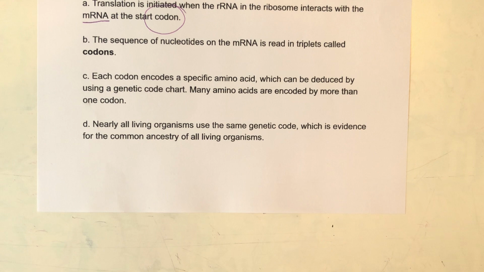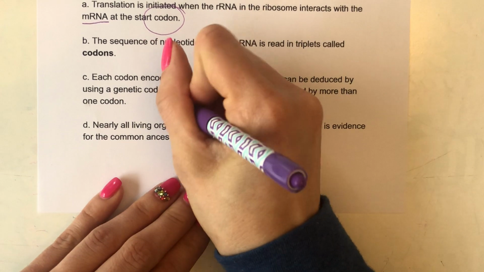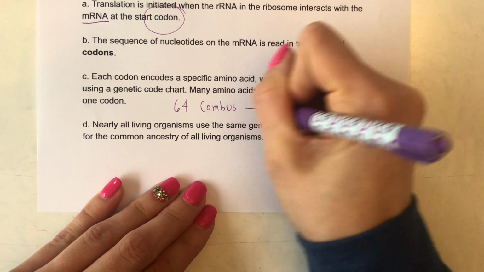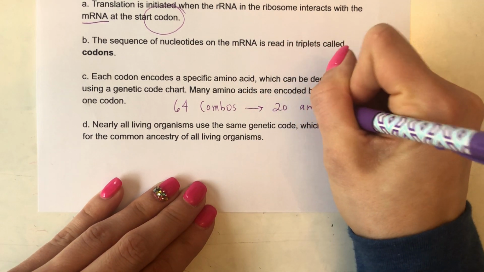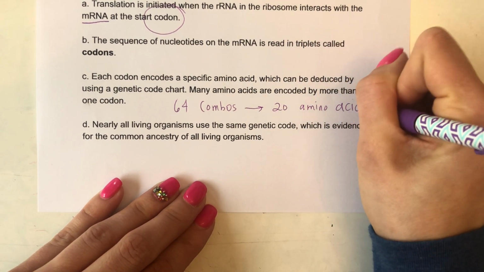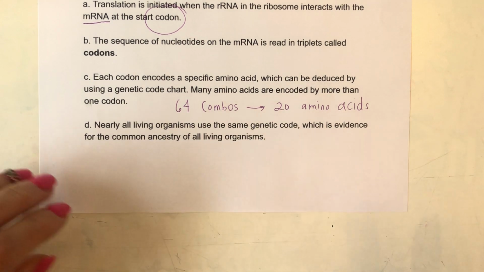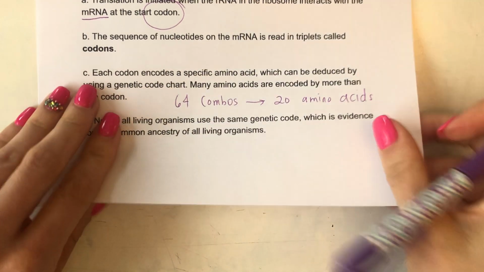There's a little variety there. There are 64 combinations with 20 amino acids. Okay, and if you're like, I don't remember what amino acids are, I don't know what you're talking about just yet, I'm going to show you on this wheel and clarify it for you. It's very easy to read. It's something you can pick up in just a couple minutes, okay? So let's take a look at translation.